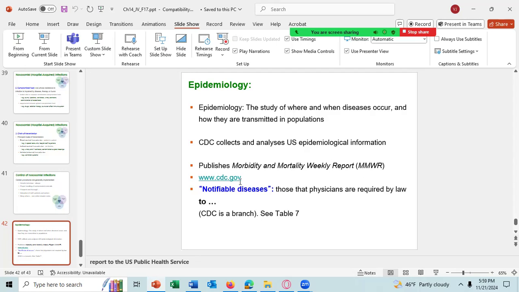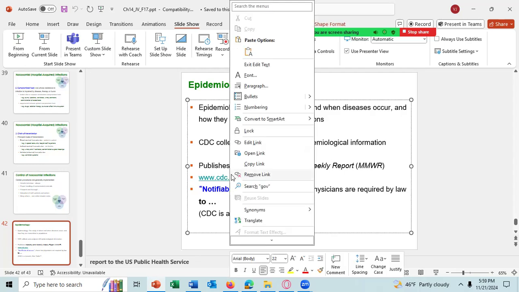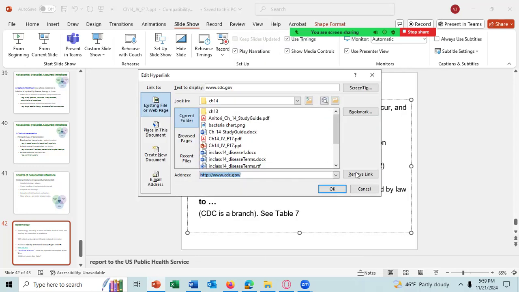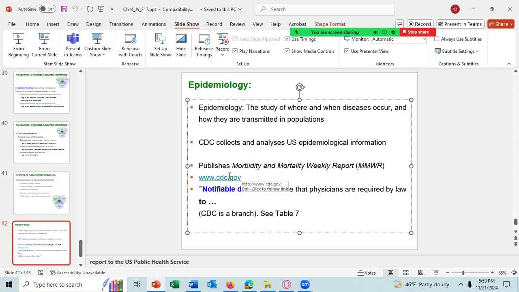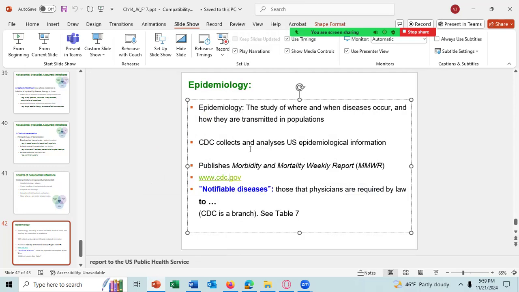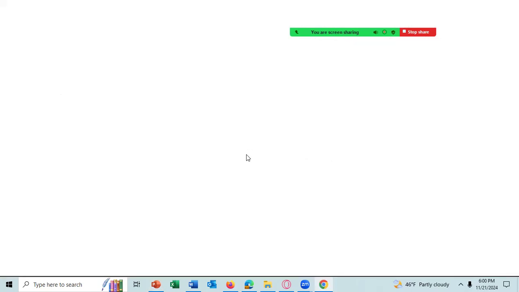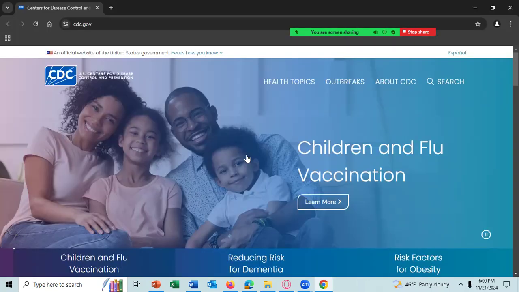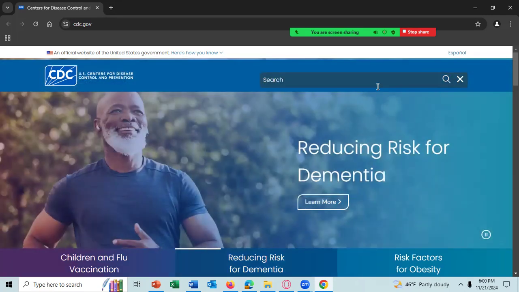And you can find that at www.cdc.gov. I used to be able to find that very easily, but they moved it, and it's not so easy to find anymore. Oops, that doesn't work. And like I said, all notifiable diseases, diseases that by law a physician has to report, will be in this Morbidity and Mortality Weekly Report. Let me see if I can find that.